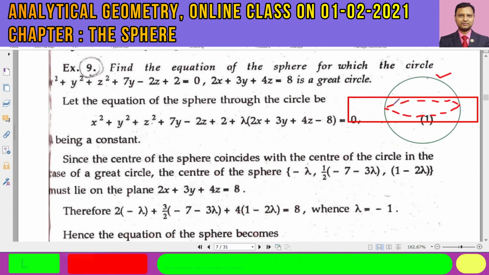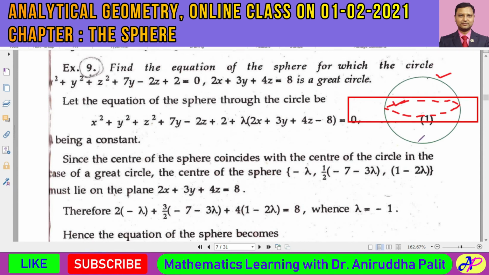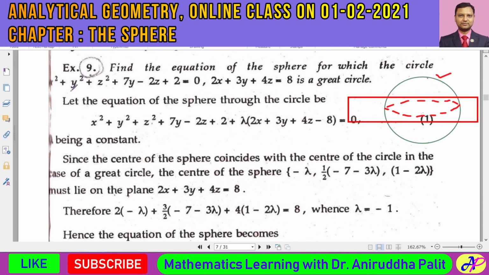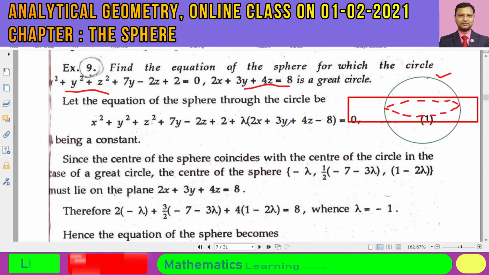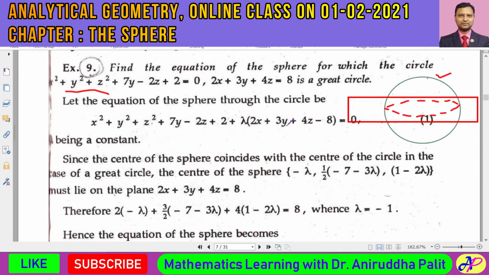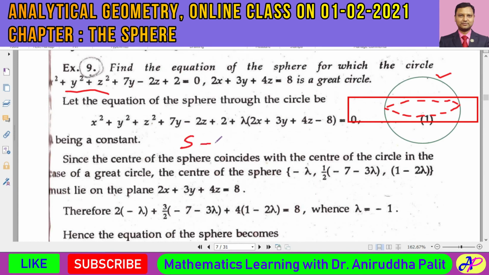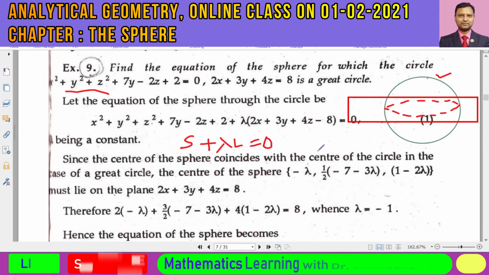So the equation of the circle is actually the intersection of this sphere and this kind of plane. So that can be written as the formula S plus lambda into L. So the required equation of the sphere can be written as S plus lambda into L.